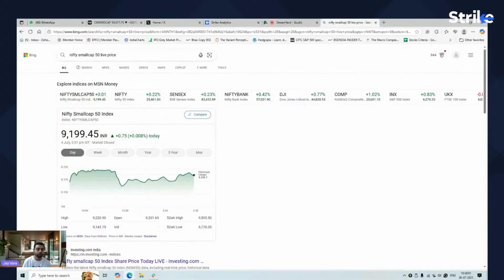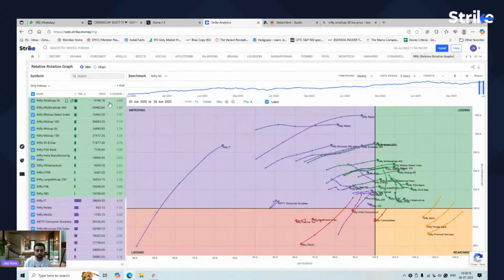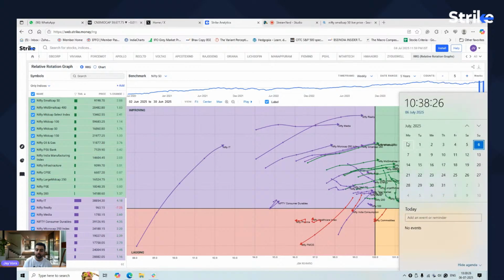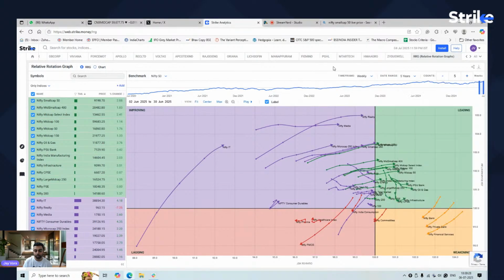So here, I can see that it is 9199.45. Some people do tend to take the last traded price. As you can see over here, the close is 9198.7, and that is what you see over here, 9198.7.